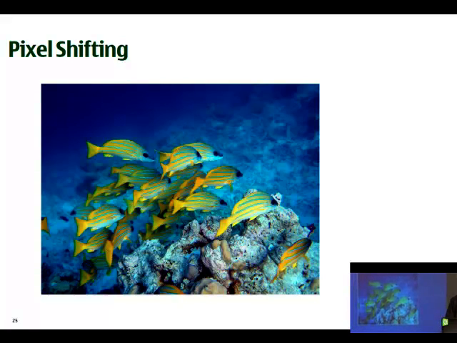So here is the image. I can enlarge the amplitude here and make it faster. And you can see that this static image is now transformed into something that is moving.